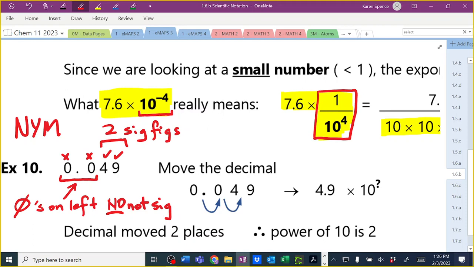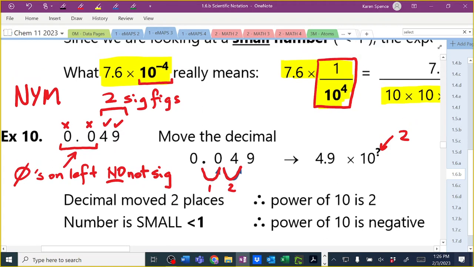We need to move our decimal, so we have 1 non-zero digit in front of the decimal, so we move it 1 place. We move it a 2nd place. So now we're going to have 4.9 times 10 to the what? What number should we put up there? We should put a 2. So it has to be a 2.